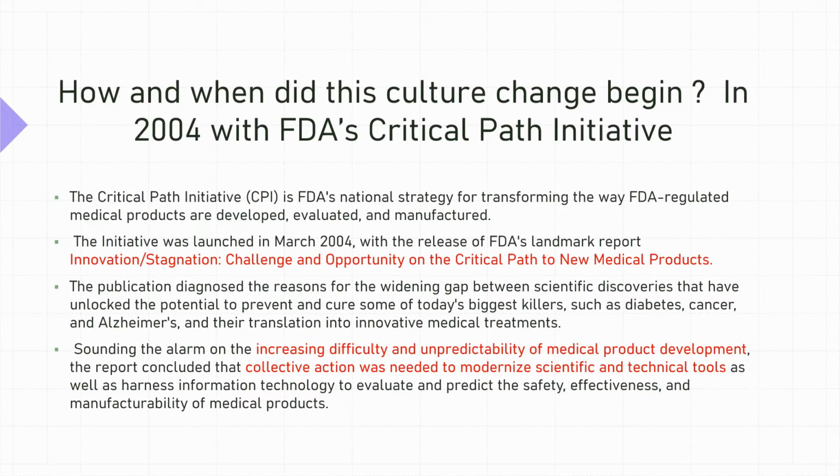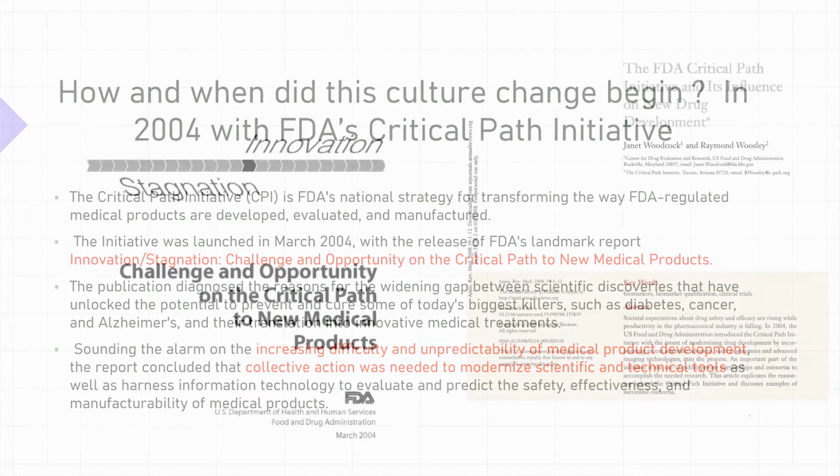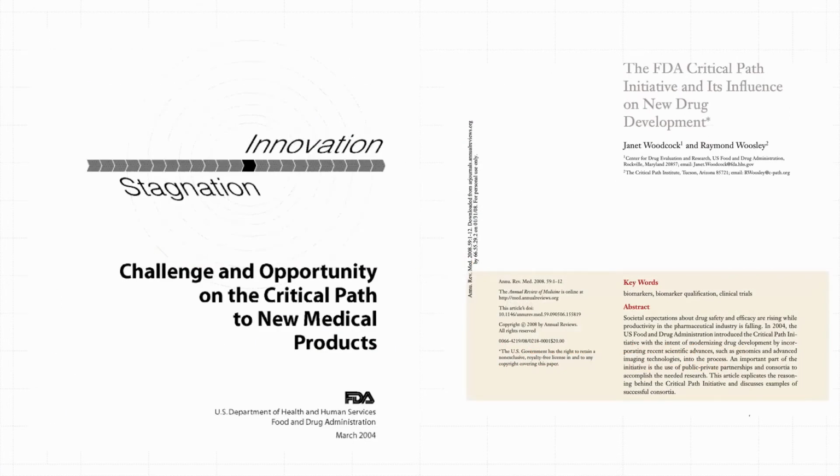Sounding the alarm on the increasing difficulty and unpredictability of medical product development, the report concluded that collective action was needed to modernize scientific and technical tools, as well as harness information technology to evaluate and predict the safety and effectiveness and manufacturability of medical products. It was everybody's problem. So here's just a screenshot of that article.